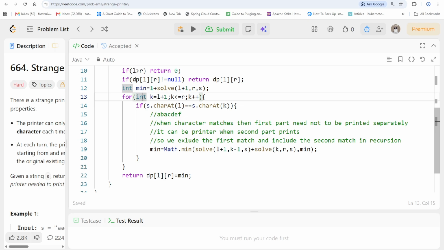That's what we are doing. And obviously the state of DP will be L and R, and we are caching it and memoizing it. So for future calls with the same L and R, we need not recalculate those values.